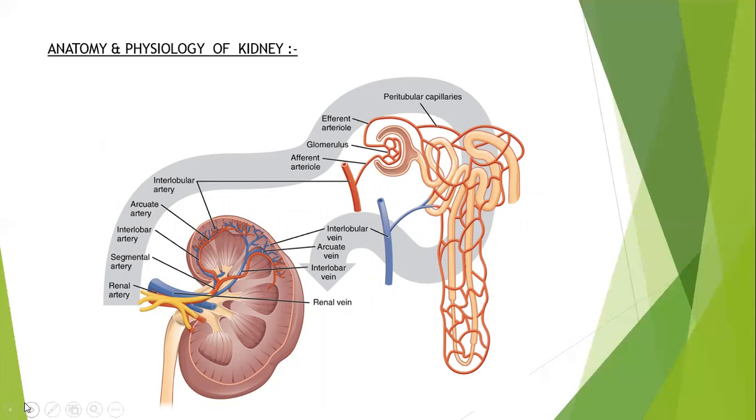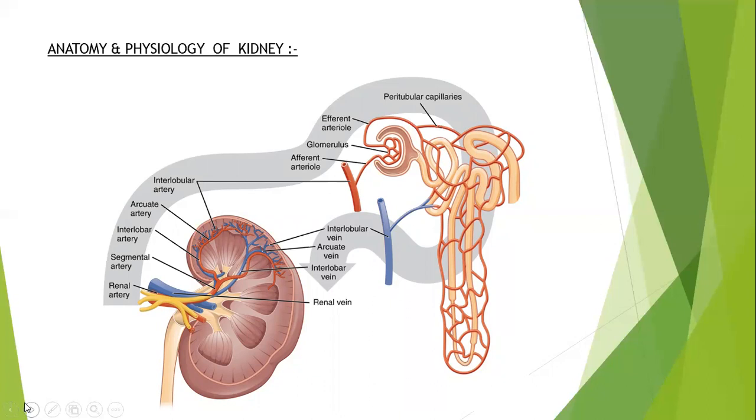Each nephron consists of the glomerulus, which is a tuft of capillaries invaginated into an epithelial sac, Bowman's capsule, from which arises a tubule. The different sections of this tubule are the proximal convoluted tubule, the loop of Henle, and the distal convoluted tubule, which in turn opens into the collecting duct.